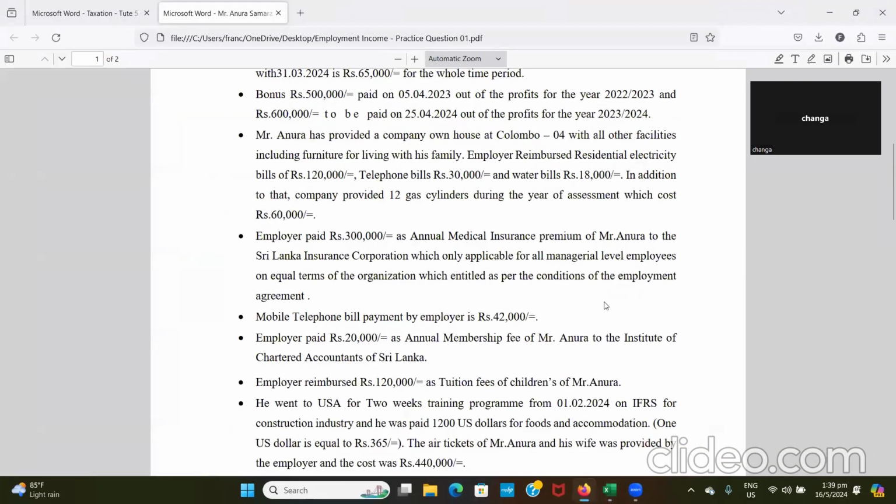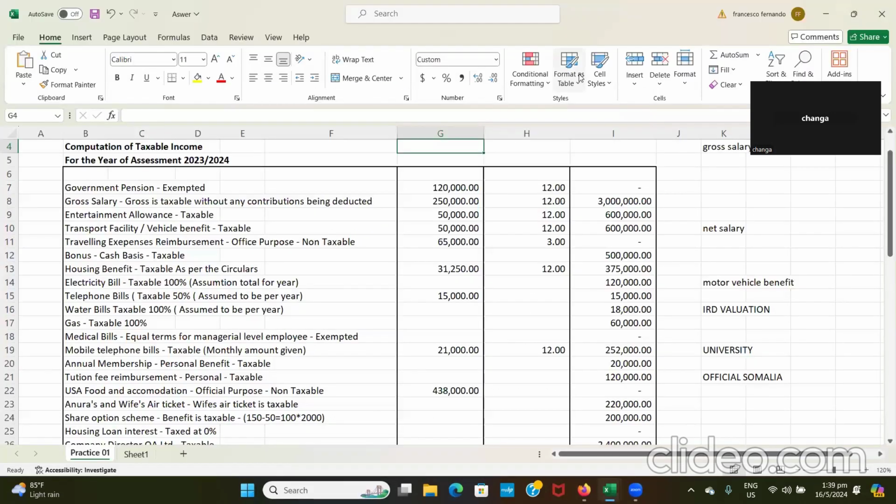For housing benefits, we first have to check if it's in a residential area, non-residential area, or an estate. I can't remember the proper details.